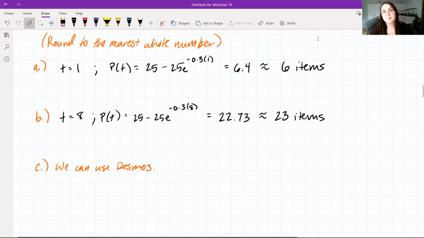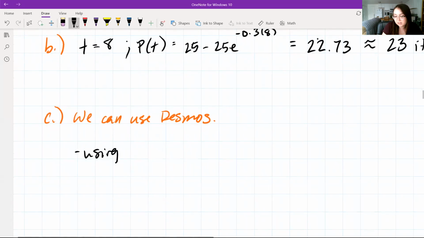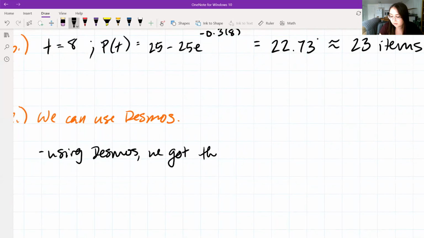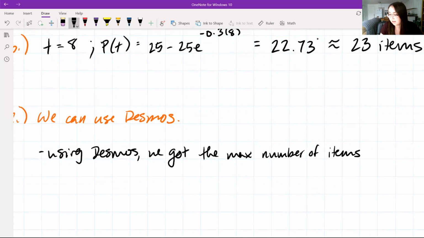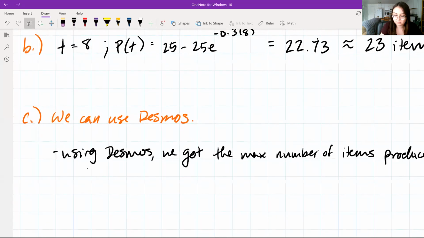All right, so now we used Desmos to find our maximum number. So we can say, using Desmos, we got the max number of items produced in a day is 25 items.